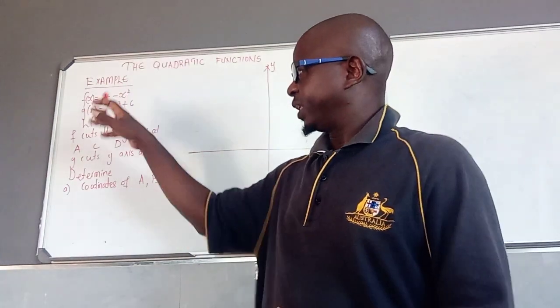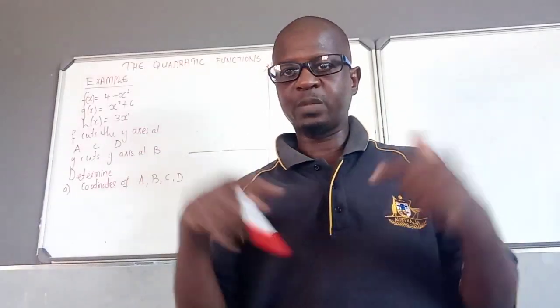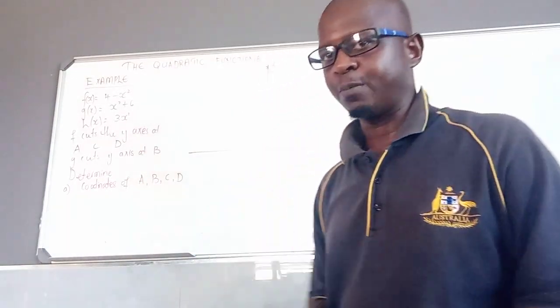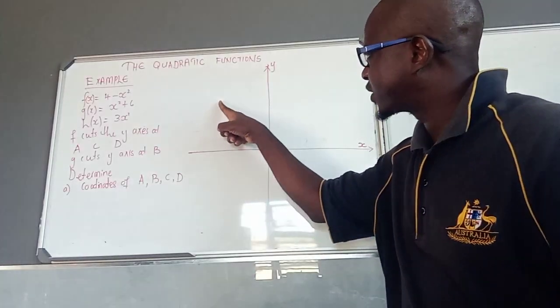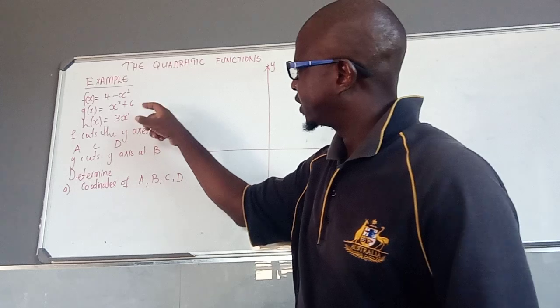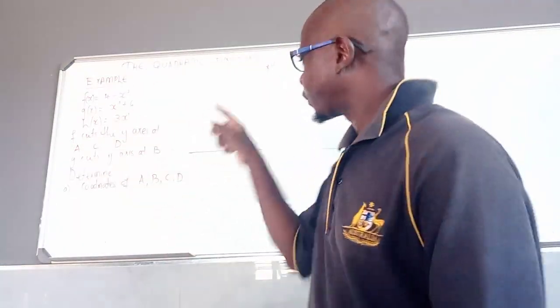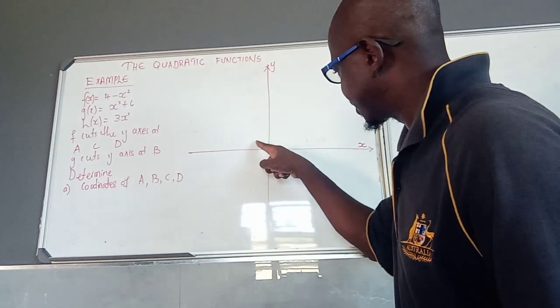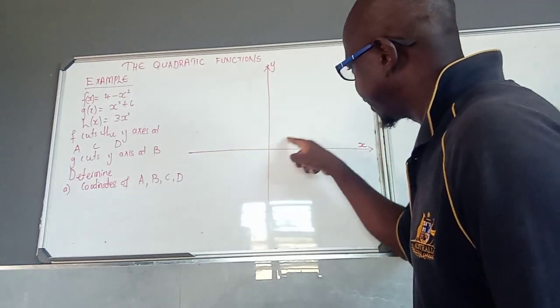Allow me to start by doing this graph here first, because I want to take it in stages. I want to start by talking about the mother graph. Last time we looked at our functions, we talked about the mother graph of the quadratic function. We call it a quadratic function because of the x squared. So the graph goes like this. That's a mother graph here.